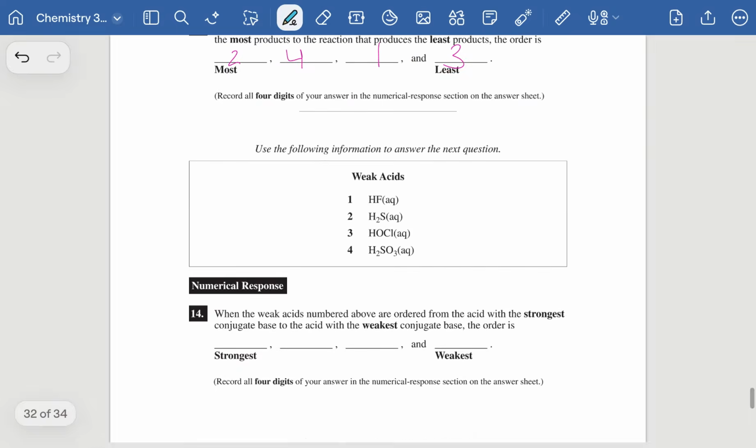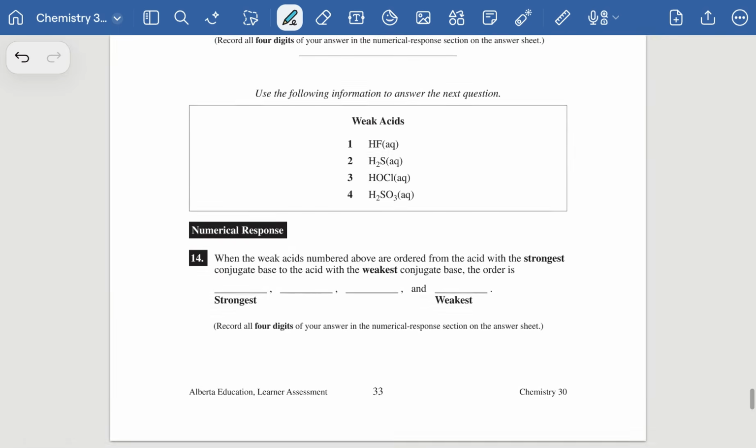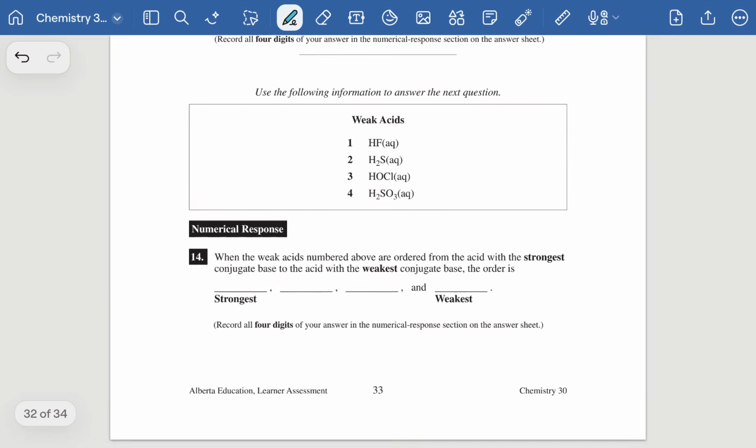Coming over here, when you look at these and ask the strongest conjugate base to the weakest, sorry, let me try that again. We're looking at weak acids numbered above, and if we ordered from the strongest conjugate base to the weakest. What I did first is just order my acids. So H2SO3 would appear first on our acids page, then HF, then H2S, and then HOCl, right?